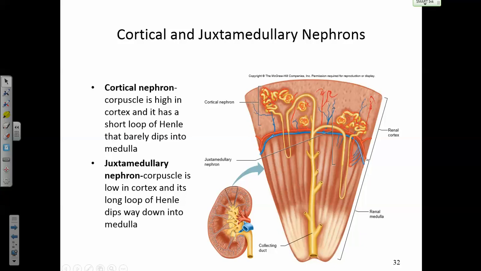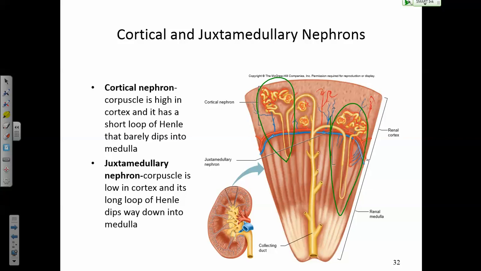They like that prefix. I don't think it's in any other chapter of this book, but it's associated with kidneys. Anyway, the cortical nephrons are ones that have a fairly short loop of Henle, and they sit up high in the cortex. So this one is a cortical nephron, whereas this one that has a longer loop of Henle and that is closer down to the medulla, that's a juxtamedullary nephron.